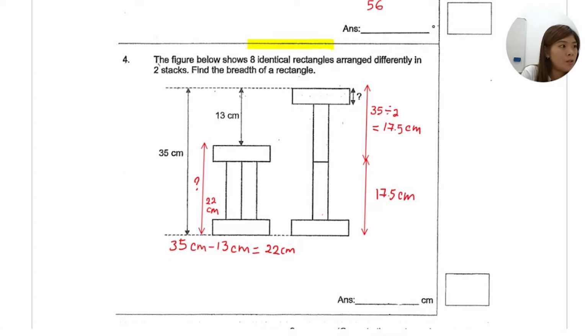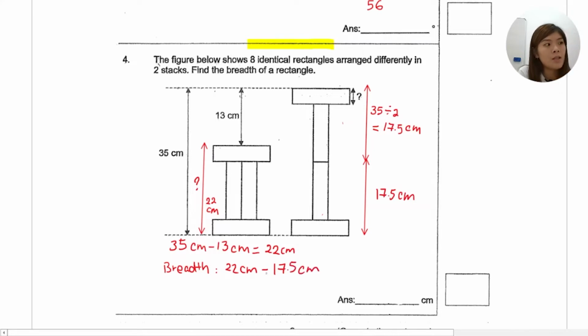To get the breadth of a rectangle, the breadth is 22 cm minus 17.5 cm, which gives you 4.5 cm.